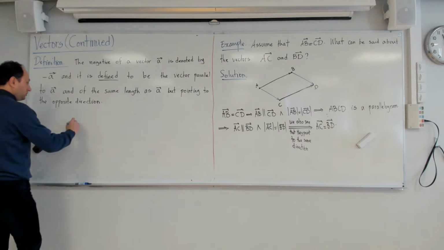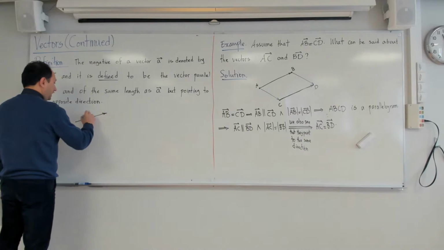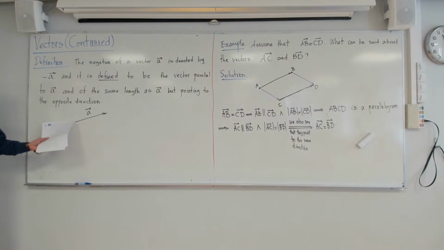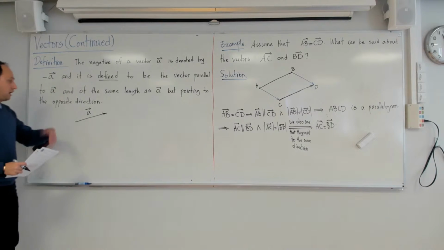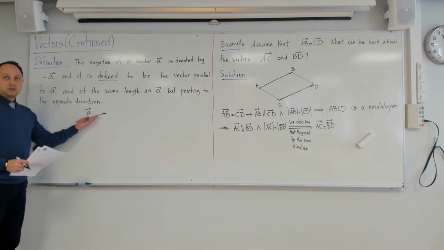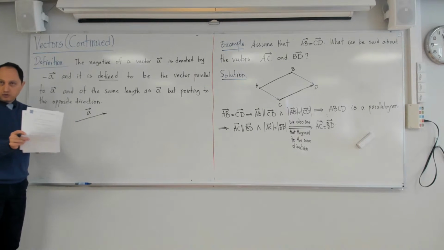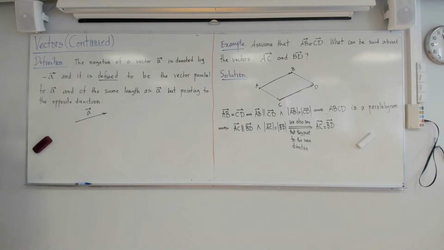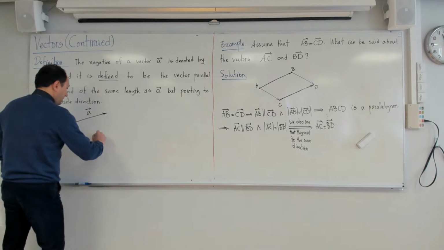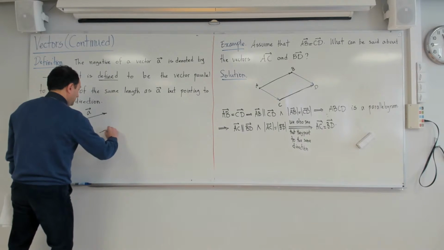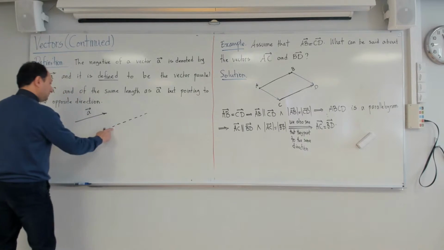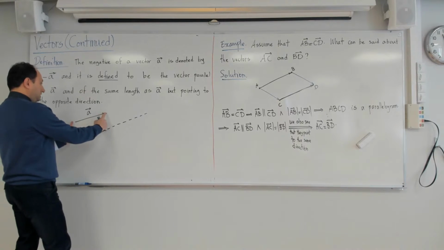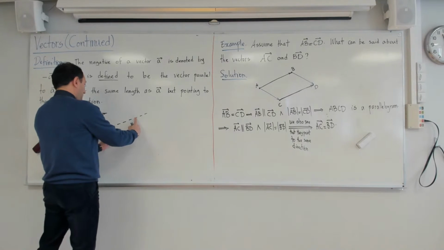It's very, very simple. So if I have a vector A, what do I mean by the negative of this vector? It is another vector which is parallel to this one with the same size, with the same length, but pointing oppositely. Yes? So for example, I can draw a parallel line here, and then I will measure this one, for example, from here to here.